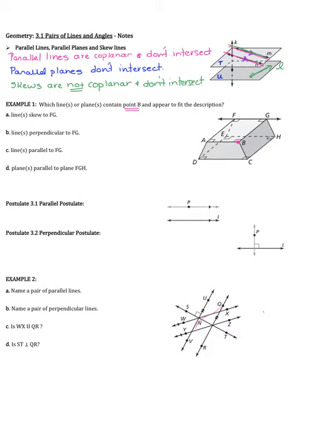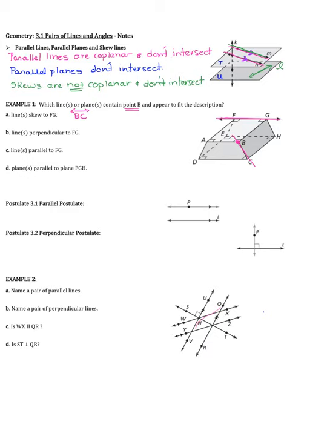So lines that are skew to FG, so FG is right here, and contain point B. Well, again, you cannot draw it in such a way that I could have a plane go through it. So it has to be skew. So I'm going to draw a line here through BC. That would be skew to FG. It's not on the same plane. I couldn't draw it through AB because notice they would be on the same plane then.